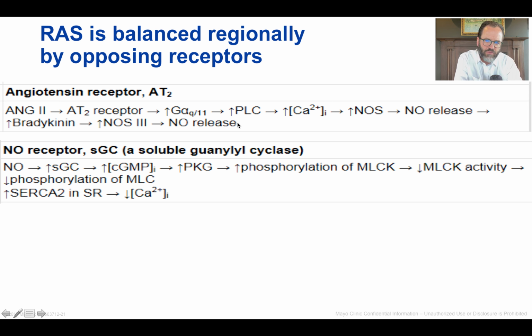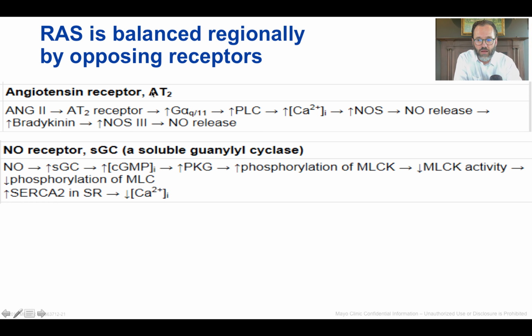Again, it activates via a G protein coupled receptor, but now what that does is preferentially increases nitric oxide synthase activity, increases NO release, increases bradykinin, and ultimately results in increases in vascular relaxation.